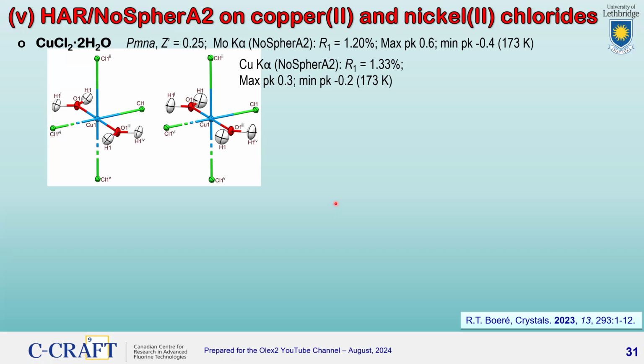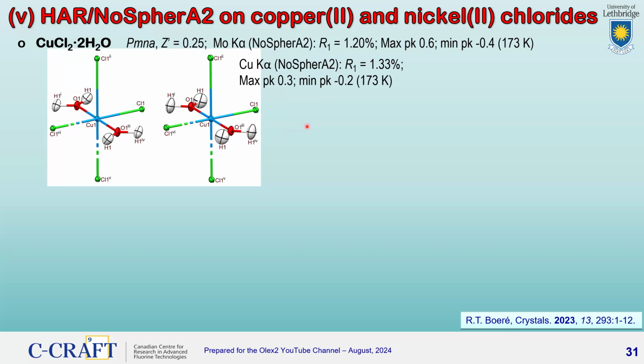So here's copper chloride hydrate. We did this by a comparison of data with a molybdenum and a copper data set, and we found we got better results with the molybdenum. Again, the key point here is placement of the hydrogen atoms and all the hydrogen bonding interactions.